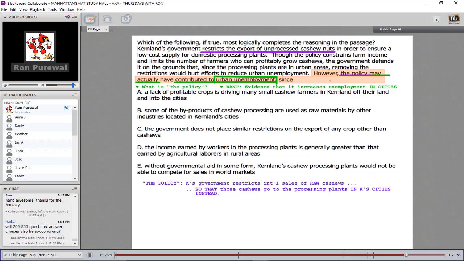Okay, right? The government says the plants are in cities, so we're keeping people in the cities employed.